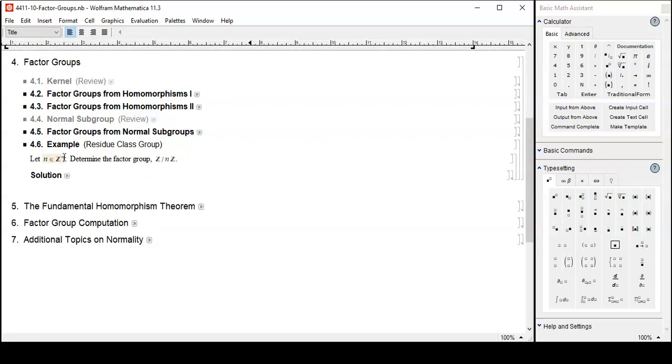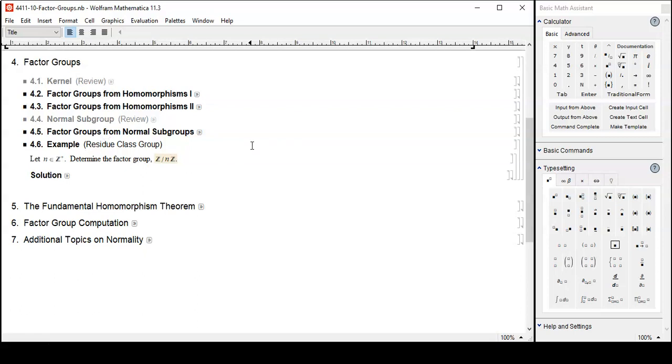For an arbitrary element n of Z prime, what is the factor group? Z over nZ. You see, Z is abelian, so every subgroup is normal. So we can consider factor groups with respect to every subgroup.